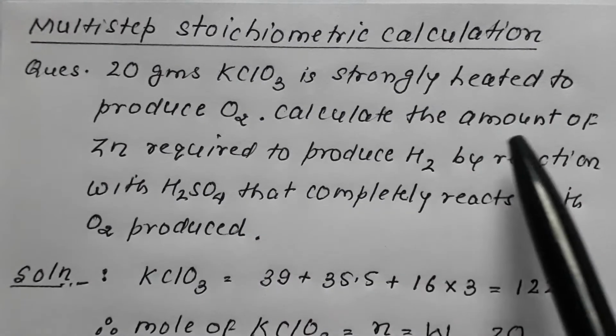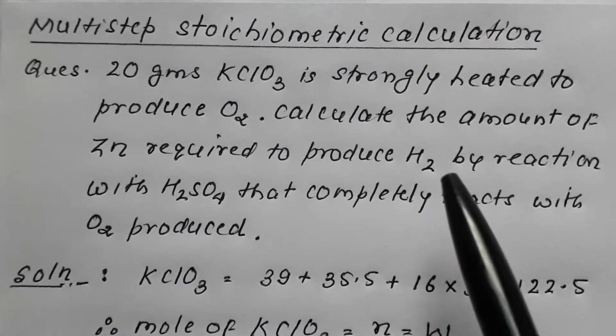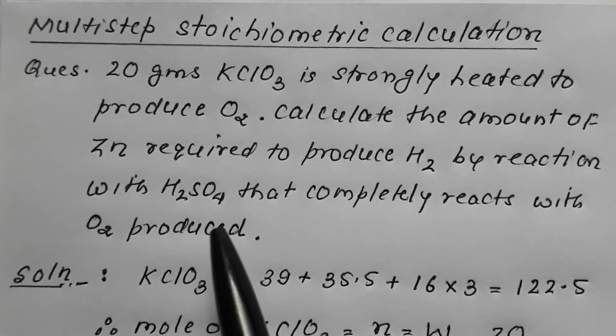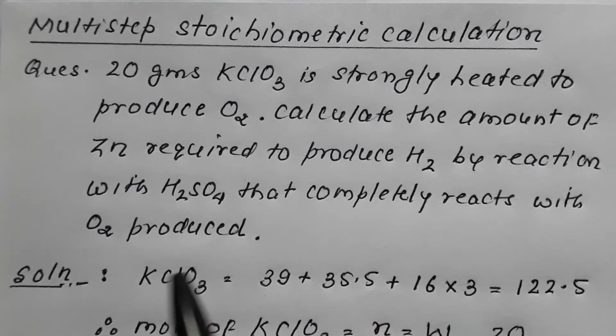Calculate the amount of zinc required to produce hydrogen by reaction with H2SO4 that completely reacts with the oxygen produced. So this is the question. Now let us discuss how we can solve this problem. Let us discuss the solution for this.